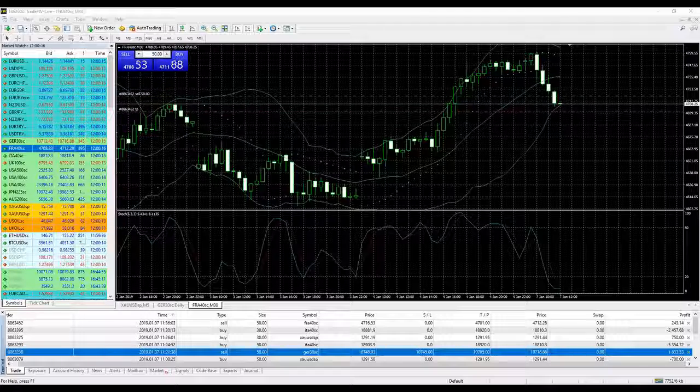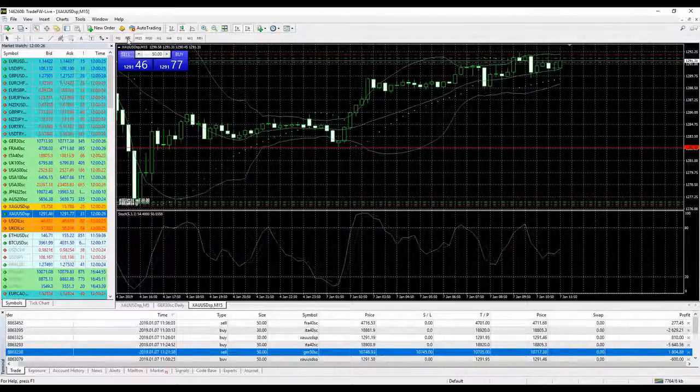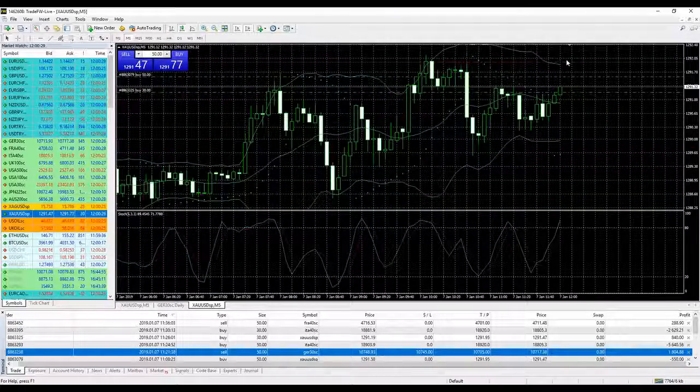So on gold, we are making nice movements. I put my take profit on gold, guys. For both positions at the same level, I'm expecting a profit of approximately $2,500 on gold. On one position, we are making right now $780.